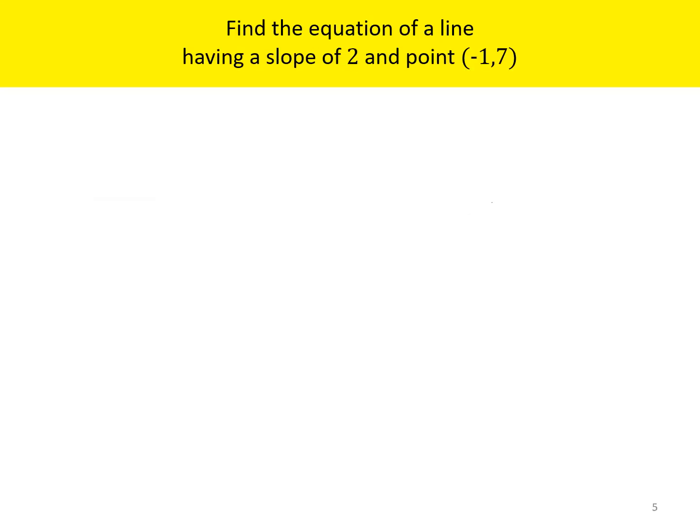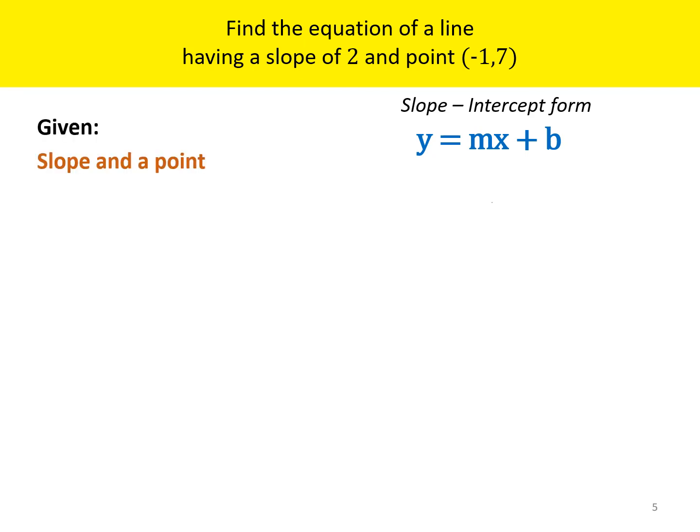You may be asked the question: find the equation of a line having a slope of 2 and a point of (-1, 7). To solve this, we're going to use the slope-intercept form y equals mx plus b. Let's write down what's given. We have a slope and a point. The slope m is 2, and the point we have is x equals -1 and y equals 7.